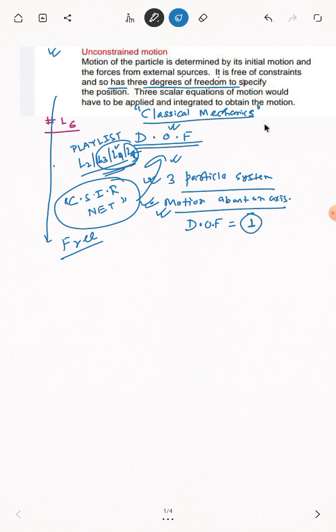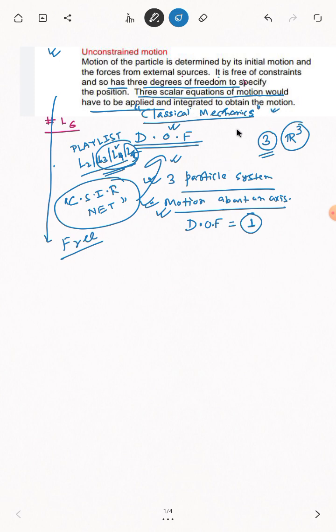For a single particle in R3, degree of freedom is clearly 3. So for a single particle, 3 scalar equations of motion would have to be applied, and finally we integrate those to obtain the equation of motion.